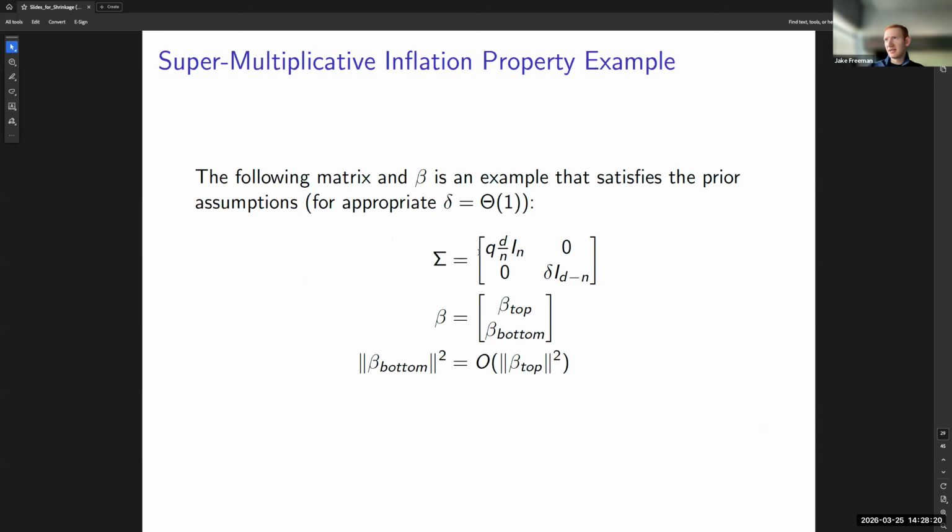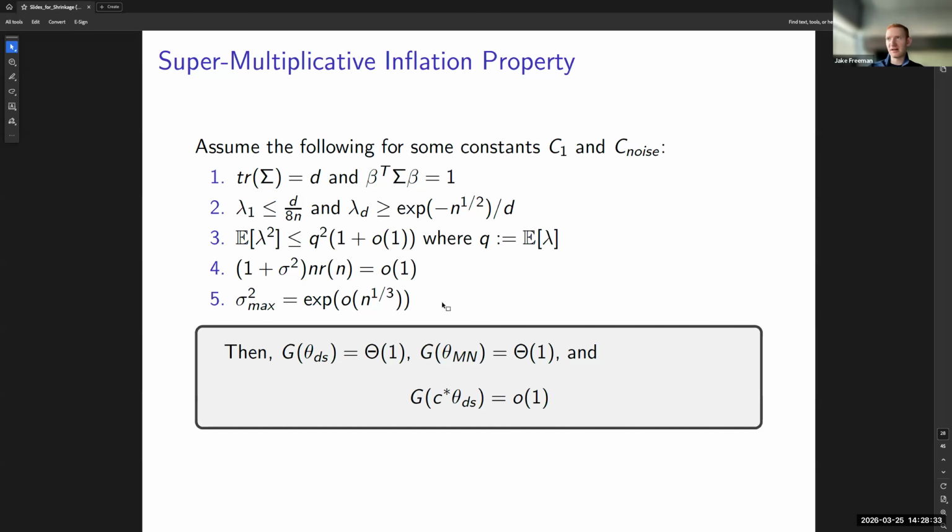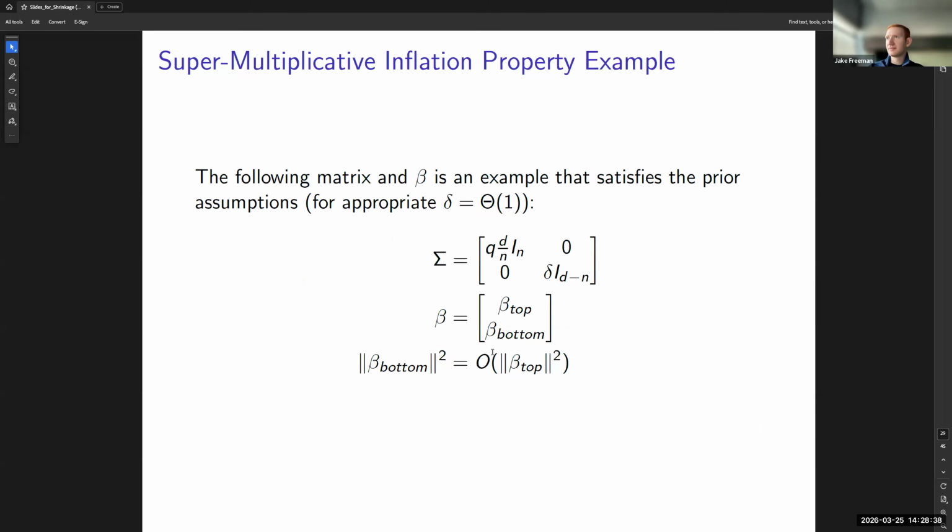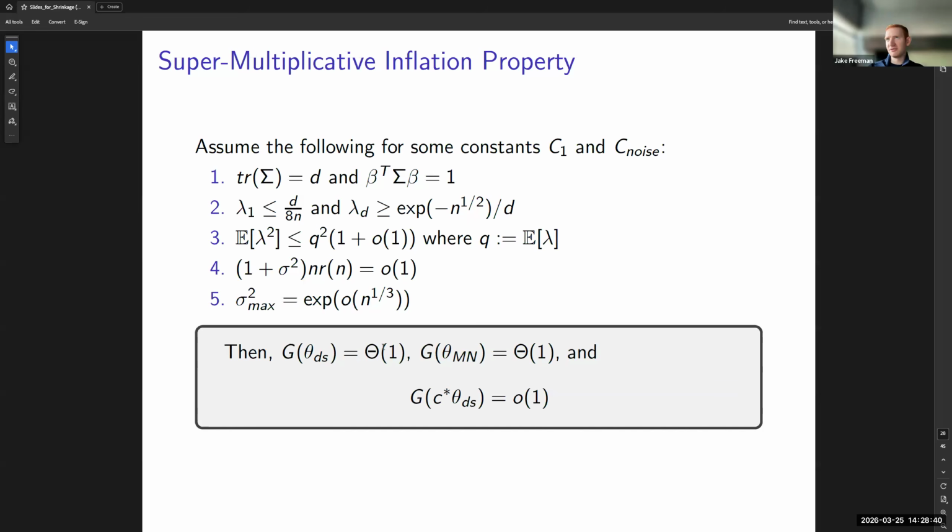Go back to the block diagonal example, and as long as the signal on the bottom part of the spectrum is comparable to the signal on the top, it would satisfy these assumptions. Obviously, there are a lot more examples that would satisfy it, but that was a pretty simple one. In other words, this shows that lambda having low variance does not mean the covariance matrix is not very anisotropic.